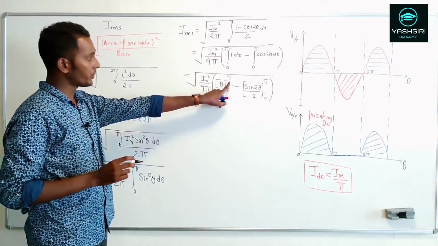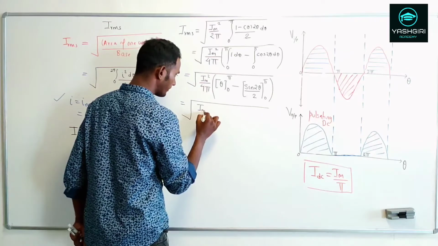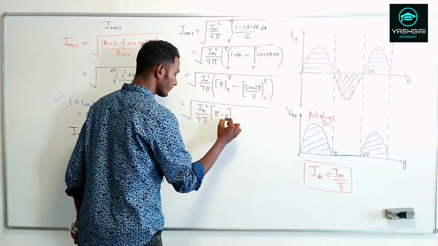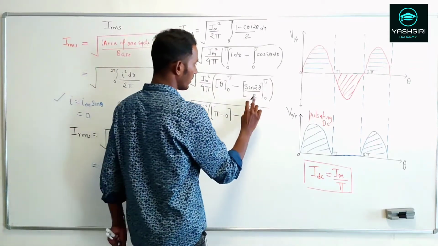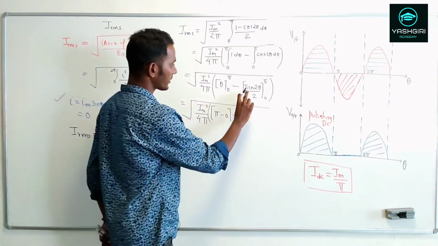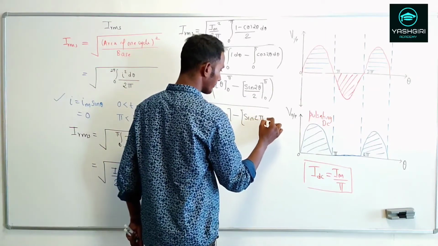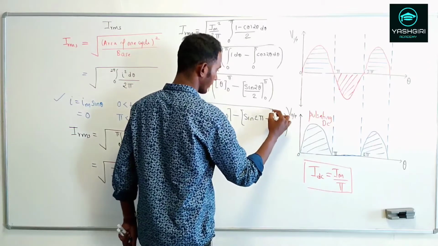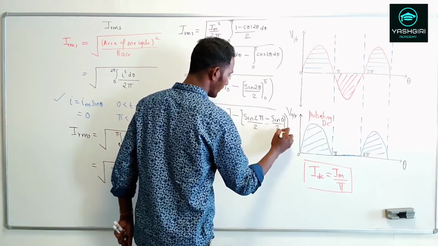Now the next thing is to substitute the upper and lower limits. So I'll get Im square divided by 4 pi times pi minus 0, minus sin 2 theta divided by 2, that is sin of 2 pi minus sin of 0, divided by 2.